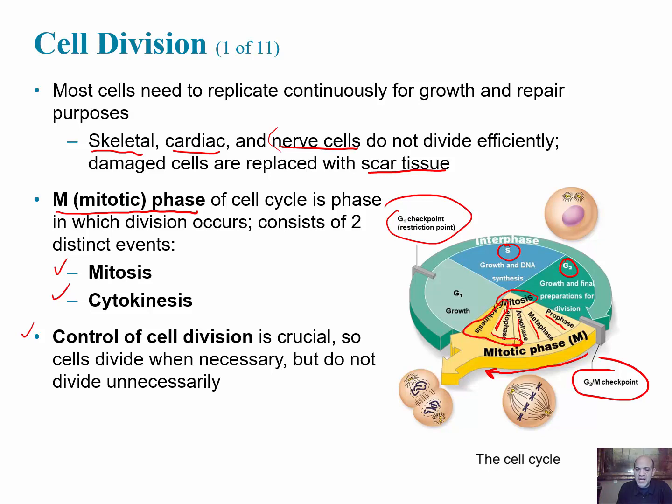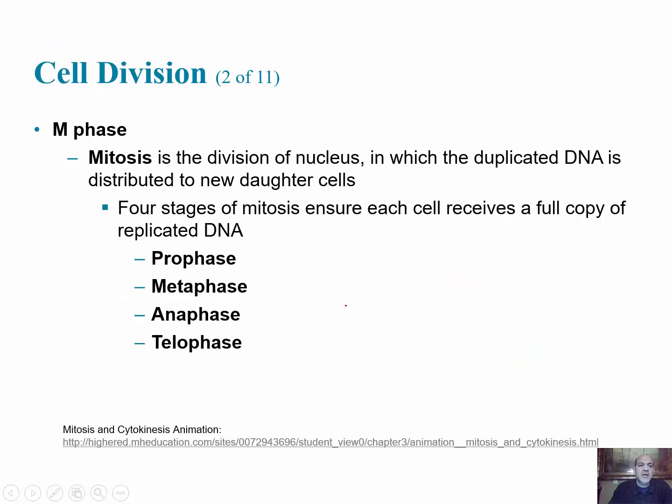And cytokinesis is where the entire cell divides. Mitosis is just the nucleus, and within the nucleus, which is the chromosomes, the new copies of DNA being divided into two new nuclei. So mitosis can be thought of as division of the nucleus, and cytokinesis is division of the entire cell, all the cytoplasm, after the nucleus is divided.